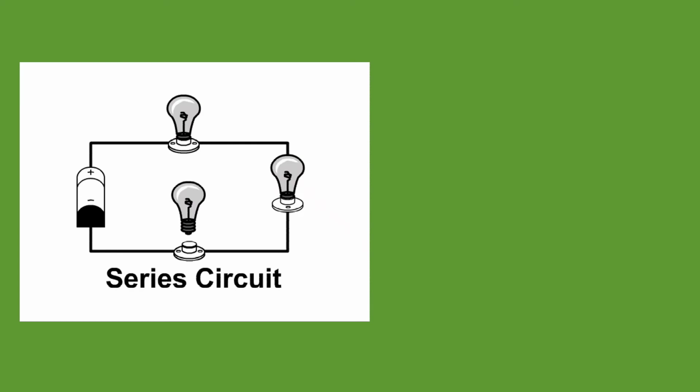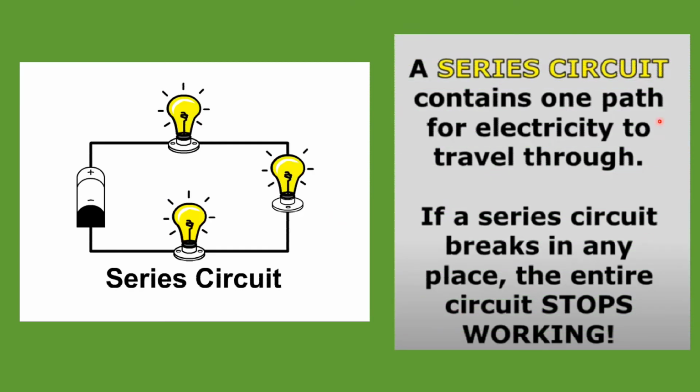So let's go now to the series circuit. A series circuit contains one path for electricity to travel through. This is an example of an electric circuit. There is only one path, only one way, where the electricity travels so that the light bulb will light up.